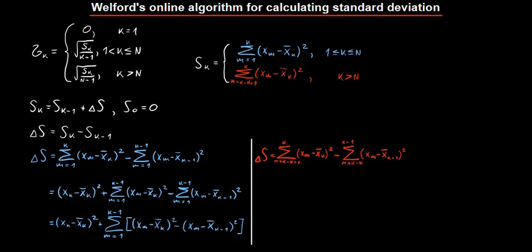to k minus 1. This is equal to the square difference between the current measurement and the current average, minus the square difference between the oldest measurement and the current average, plus the sum of square differences between x sub m and the current average, where m goes from k minus n to k minus 1, minus the square difference between x sub m and the previous average, where m also goes from k minus n to k minus 1.